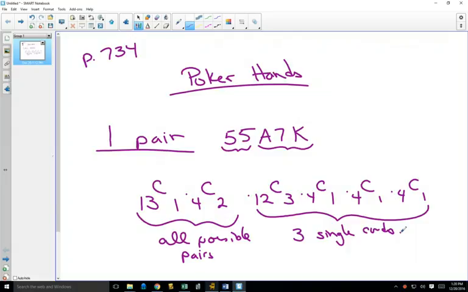And then there's 4 of the one card that you pick, so you need to choose which one you have. 4 of the other card that you pick, so you need to choose which one. And 4 of the last card that you need to pick. What's that? It has to be 12 because you can't put a 5 in there because you've already chosen one number to be your pair. You can't choose 5s again here, otherwise you'll get 3 of a kind instead of a pair.